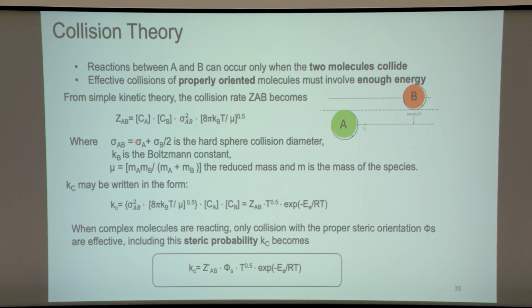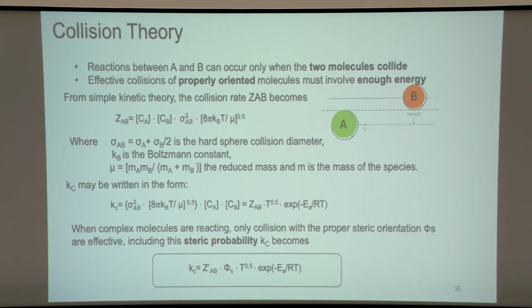And then you can write again in this form the rate constant: sigma AB squared times a function of Boltzmann constant, temperature and reduced mass. Then this ZAB term is some kind of pre-exponential, related to collision theory.